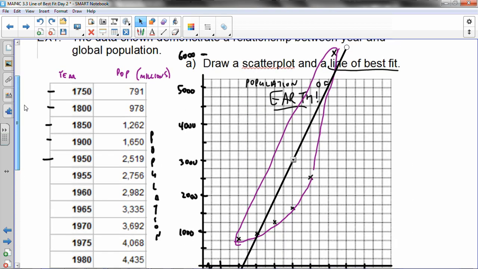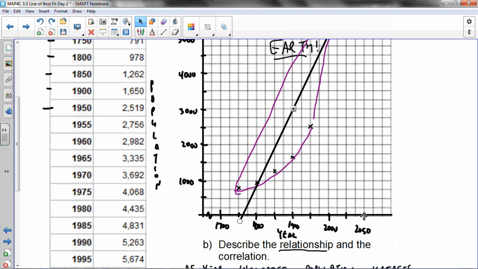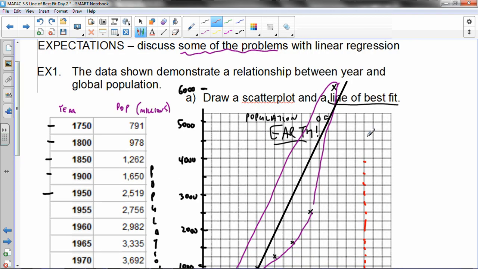Well, notice that 2050 is many, many years from now. We'd have to go, okay, 2050, and then we go up to the line, right? Like in 1900, we just go off the line, bounce over. Now, we might have to extend our line a little bit.